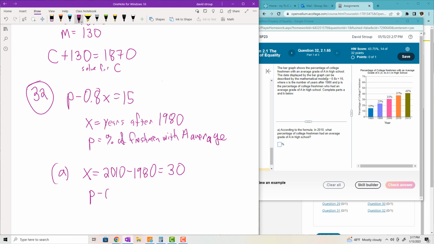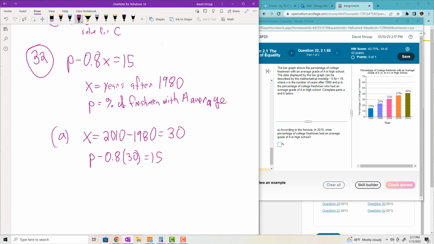So I'll have P minus 0.8 times 30 equals 15. And then I solve for P, the percentage, right? So here I'm going to go 0.8 times 30. Okay, so I have 0 and then 24. There's one decimal place moved, so it'd be just 24.